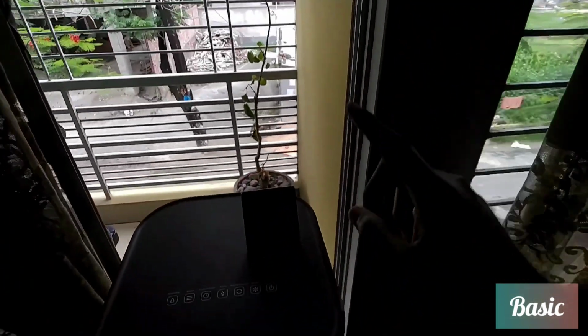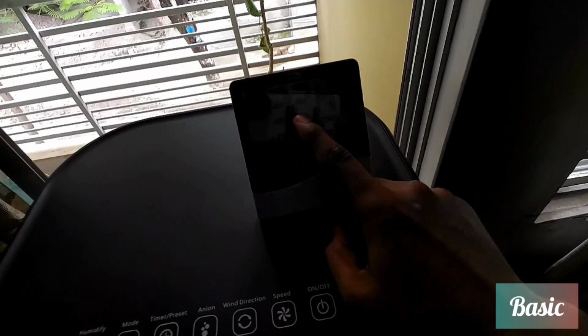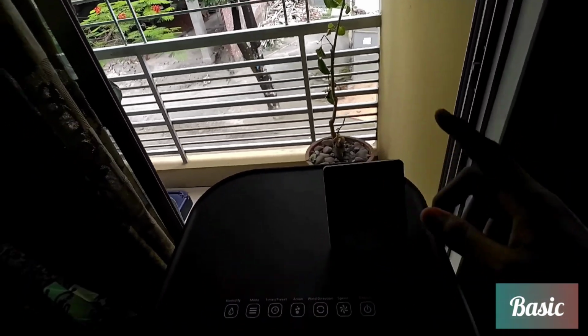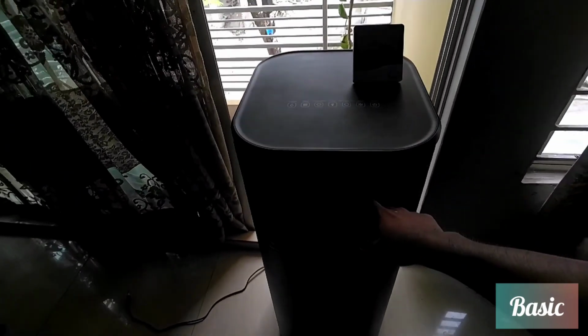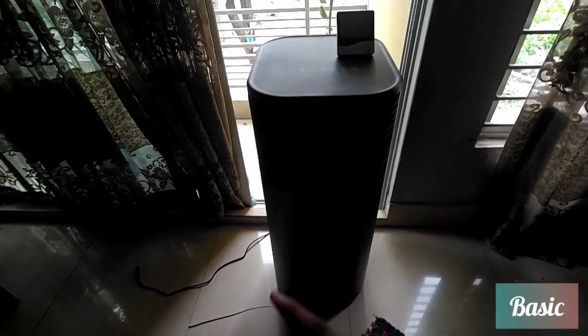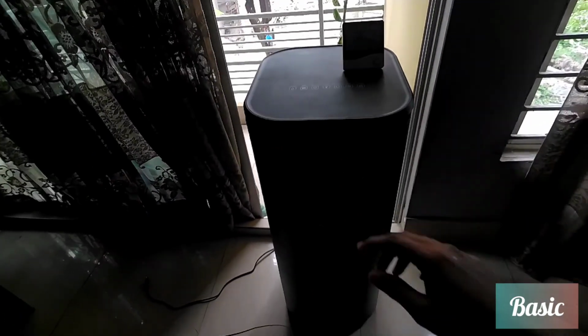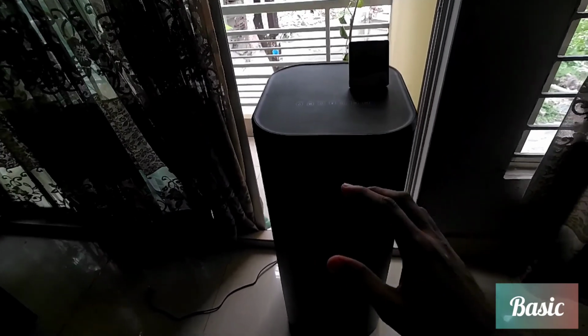Let's assume that today the temperature is 32 degrees Celsius and the air is also the same, 32 degrees Celsius. When you use this machine, the air coming from this machine will decrease to at least 30 to 31 degrees.